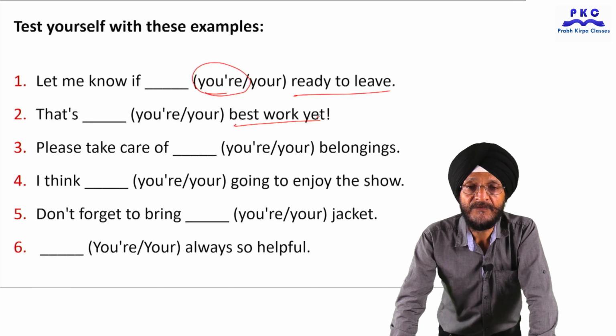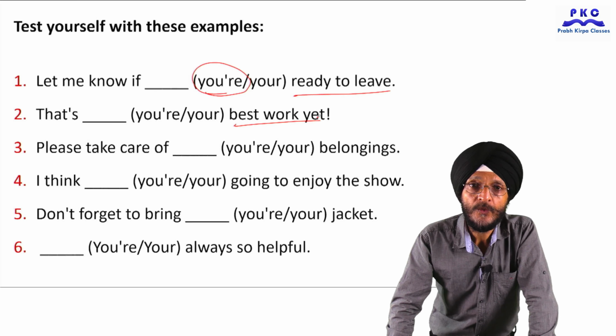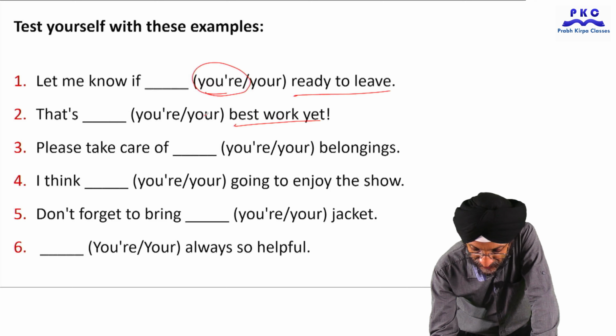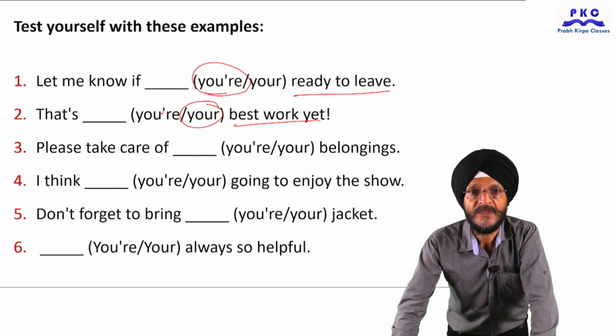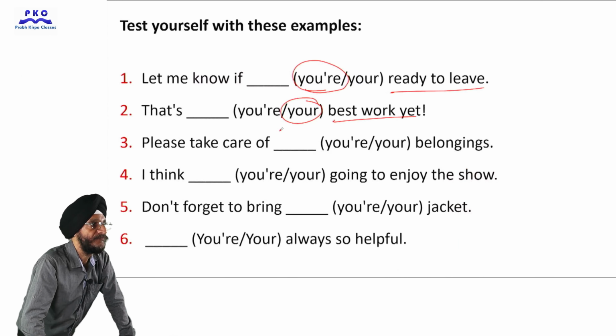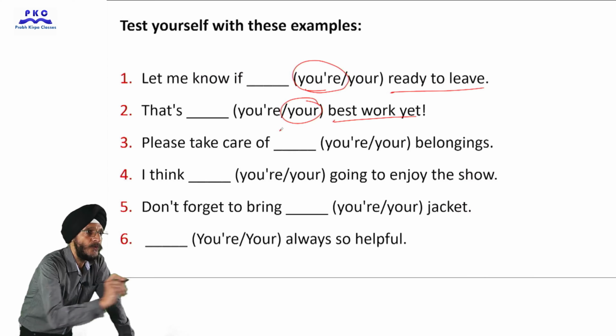Here, the best work belongs to you. So that is your best work yet. If we write "that is you're best work," it does not make sense. The best work belongs to you.